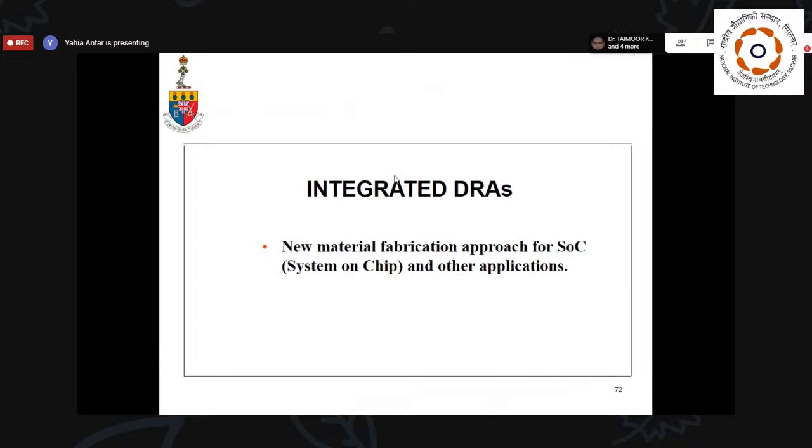It's quite involved, but the idea there was, can you make the DRA using different ways? And the different ways is basically to make a powder and let the powder go through a certain process. And then with that process, you can actually fabricate some resonators, deposit them on the chip, and so on.